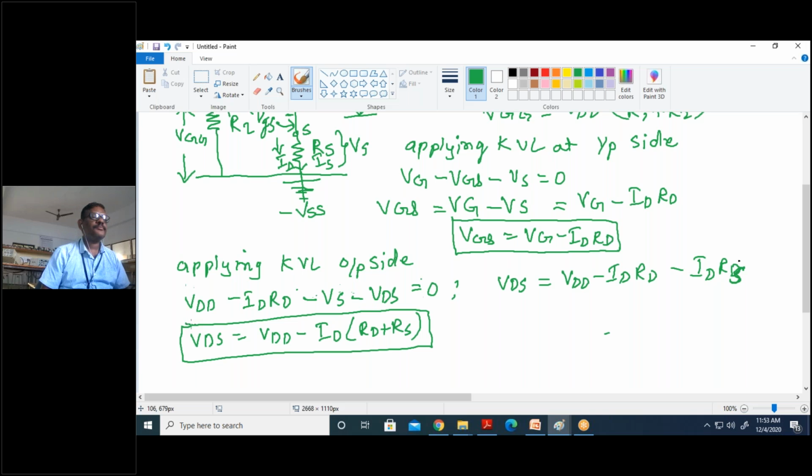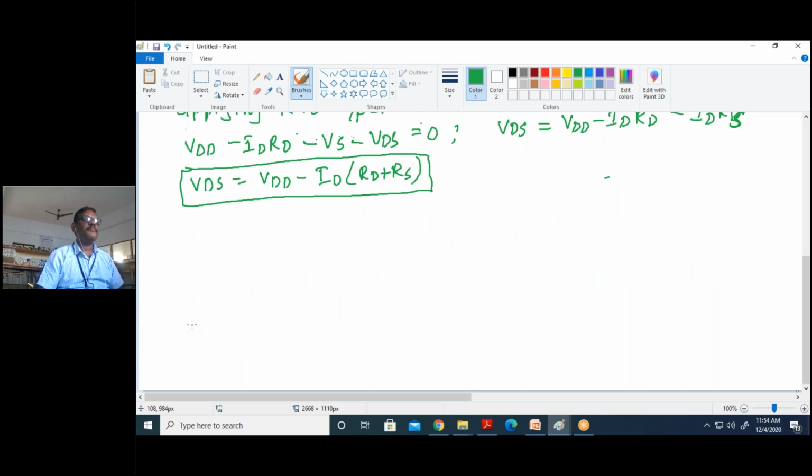And the Q point. Q point means operating point.